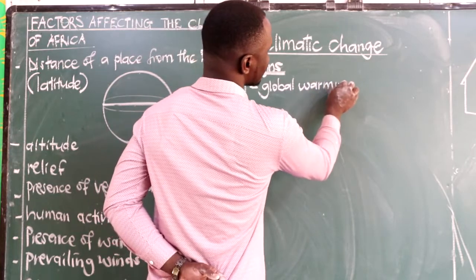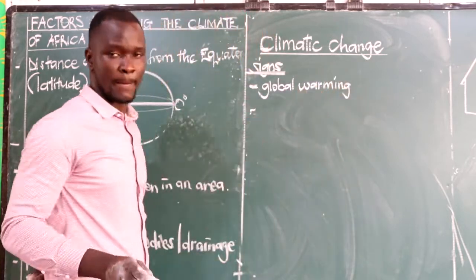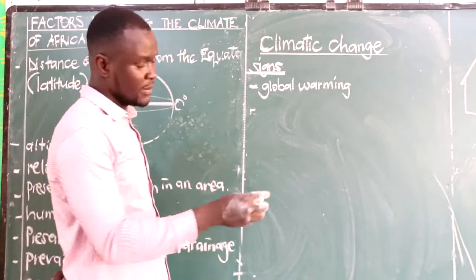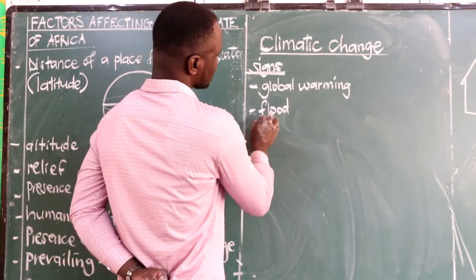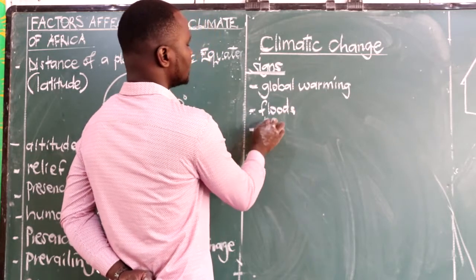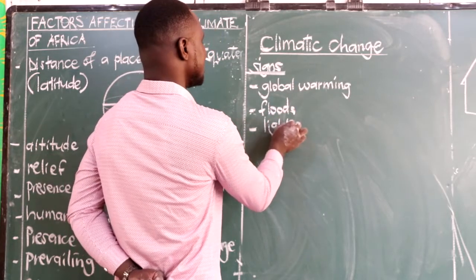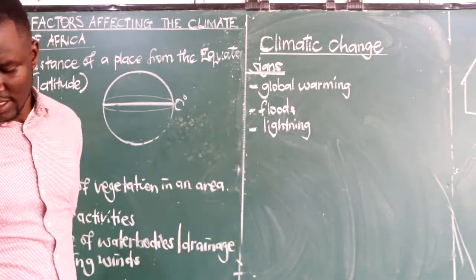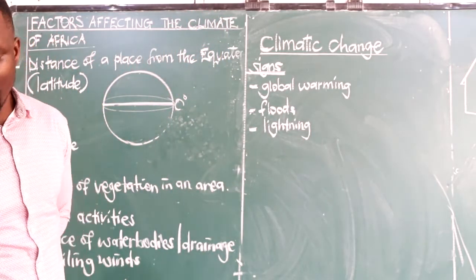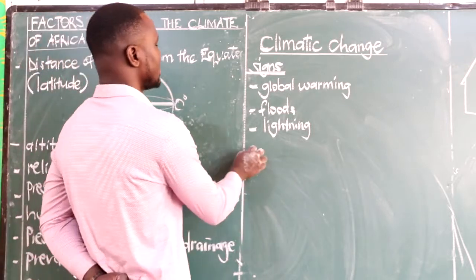Too much heat received in an area, or we can be having areas experiencing floods, or we have lightning being experienced in an area, and then also we have tornadoes.